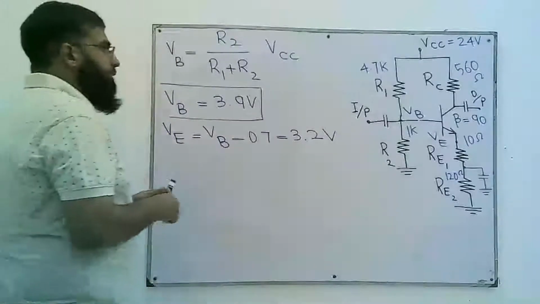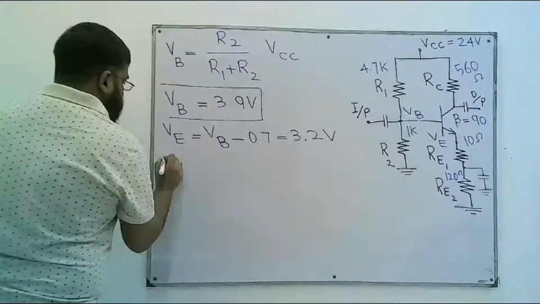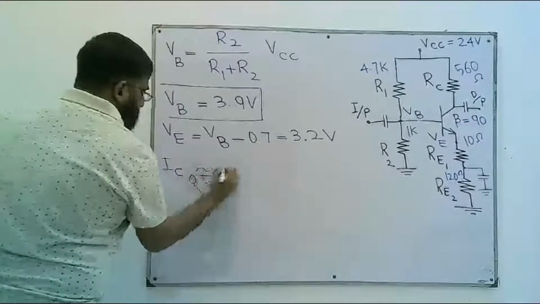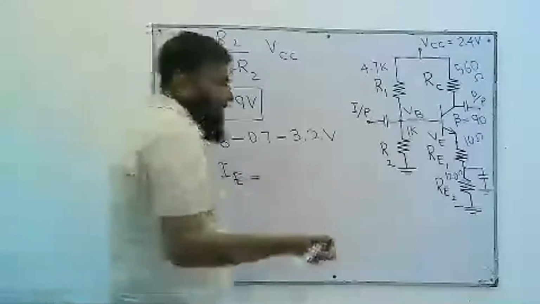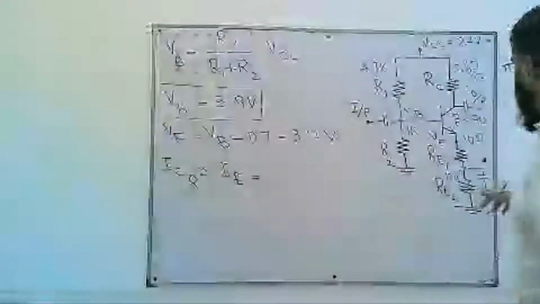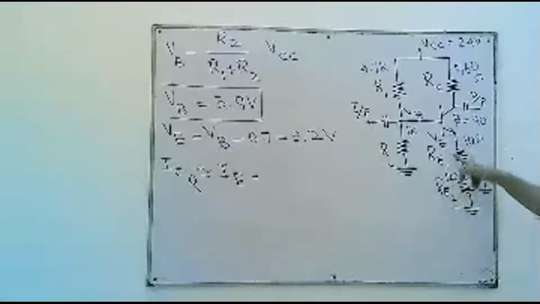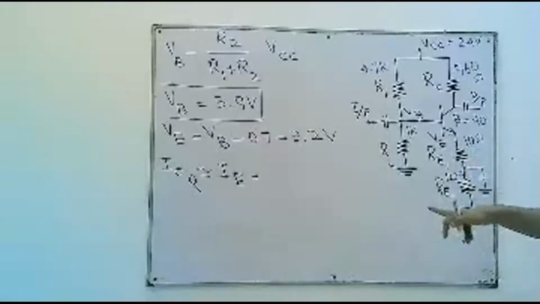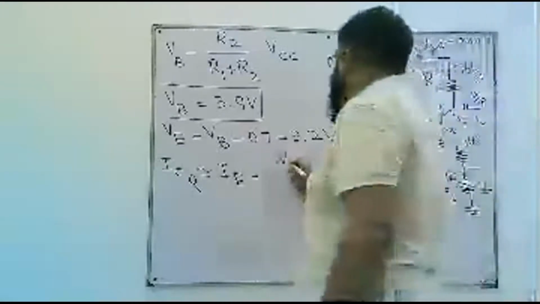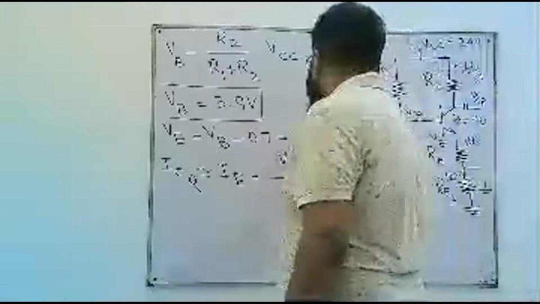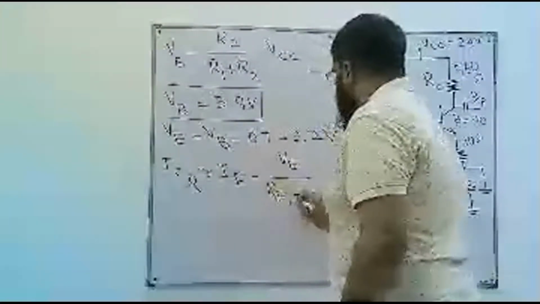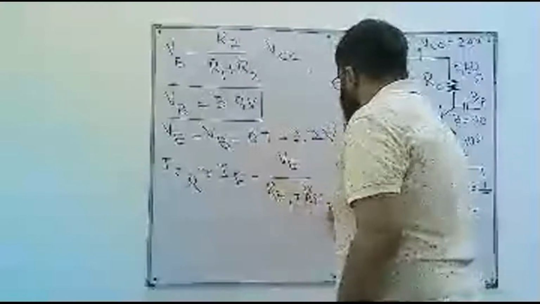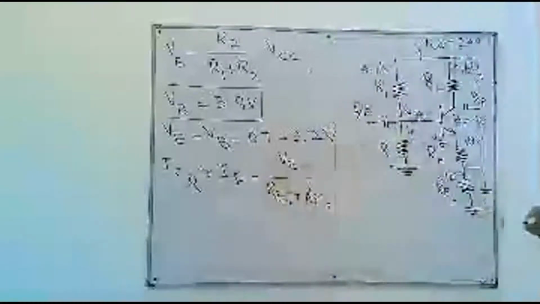So ICQ is approximately the same as IE. IC and IE are approximately the same. And we can find IE. This VE is the voltage drop across this RE1 and RE2, right? We can find IE by dividing this VE by the sum of these two resistors, 120 plus 10.